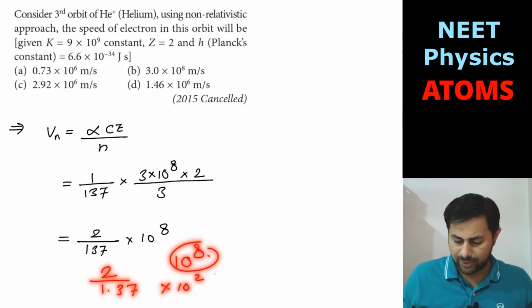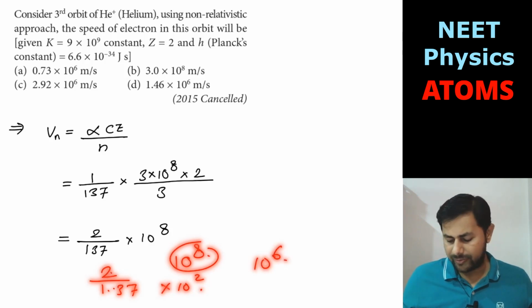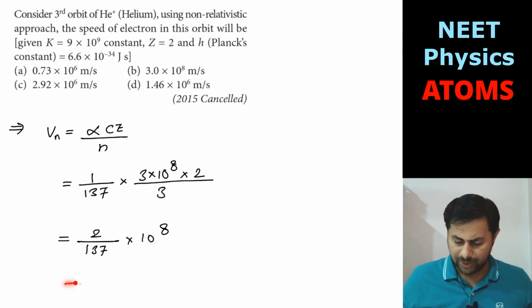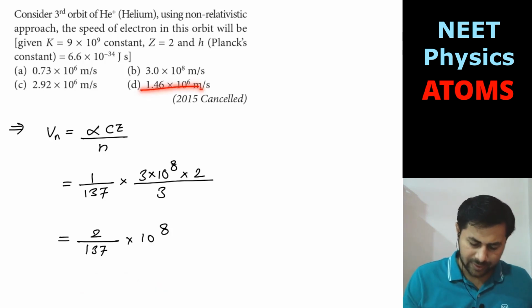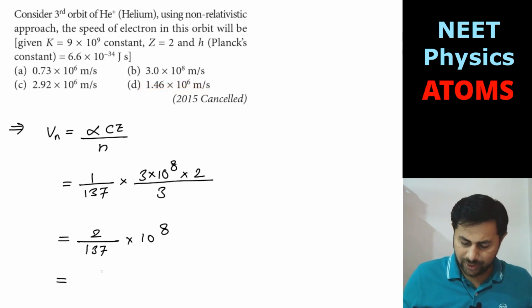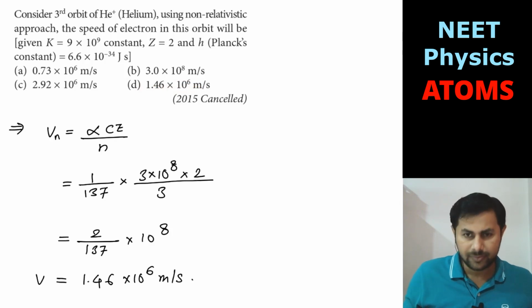So 10 raised to 8 divided by 10 raised to 2 is 10 raised to 6, right? 2 by 1.37 is 1.4 something, into 10 raised to 6. So it should be option D, I guess: 1.46 multiplied by 10 raised to 6 meters per second. Okay, this one is clear.